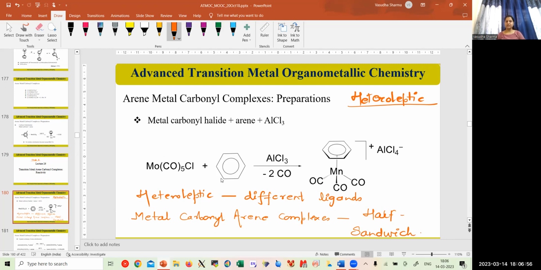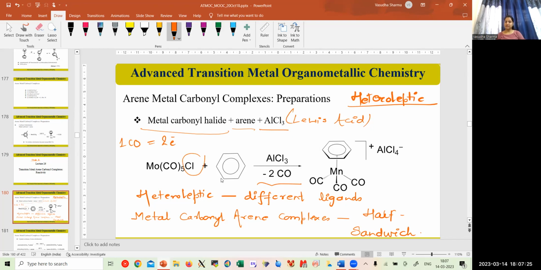It is a simple reaction where we can take a metal carbonyl halide in the presence of the arene, which we want to coordinate with the metal, and AlCl3, which is a Lewis acid. This Lewis acid, AlCl3, will take up the chloride, and therefore the position would be empty with a loss of two carbonyls, because one carbonyl gives two electrons, and the arene ring substitutes.